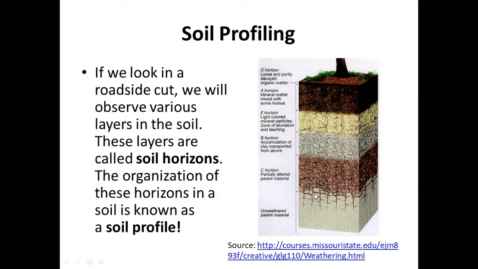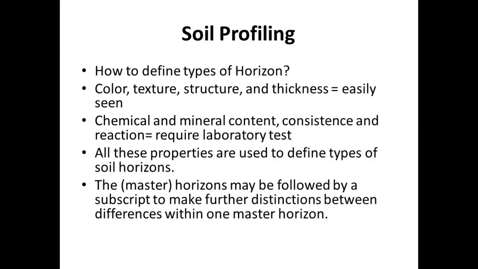We'll be discussing that ideal profile. Some soil might be missing some horizons, but generally we will consider this whole thing as an ideal soil profile. So how to define types of horizon?